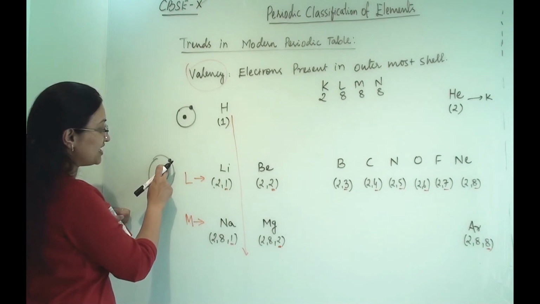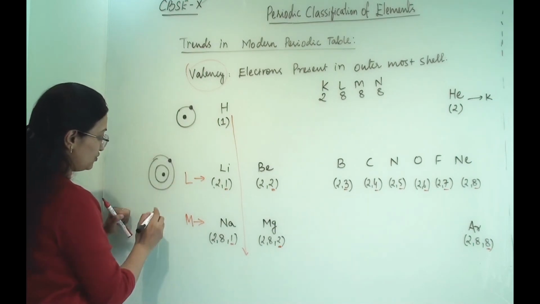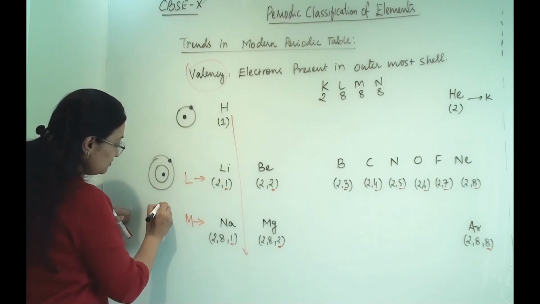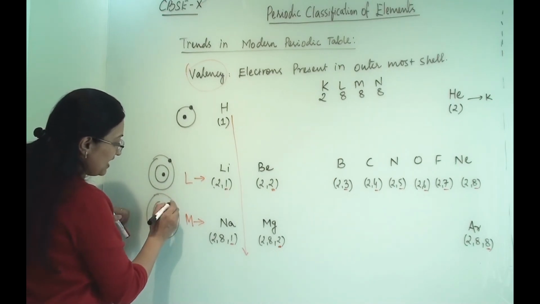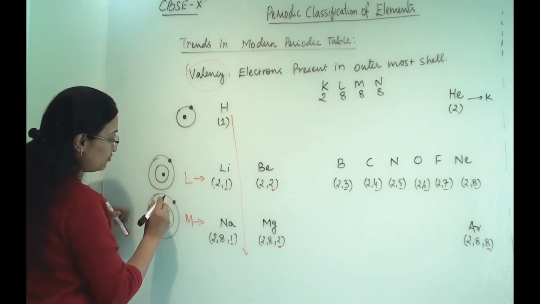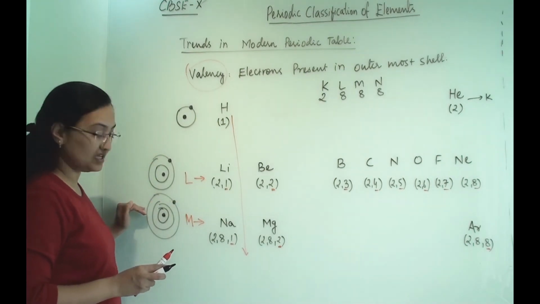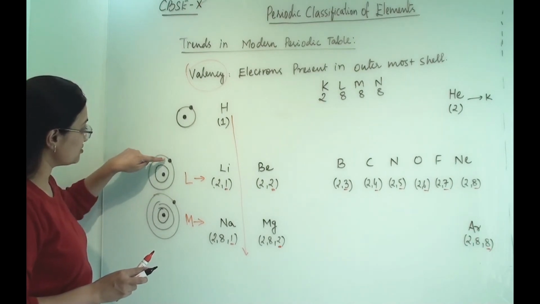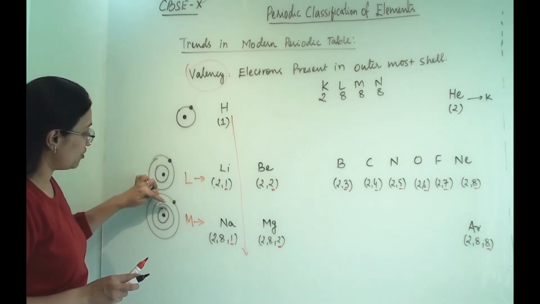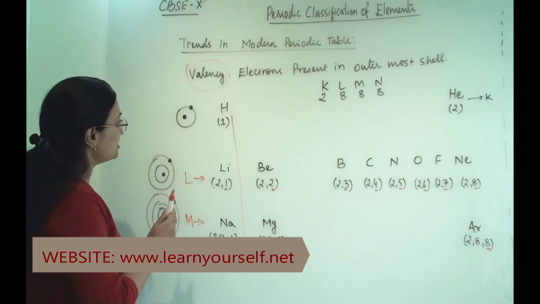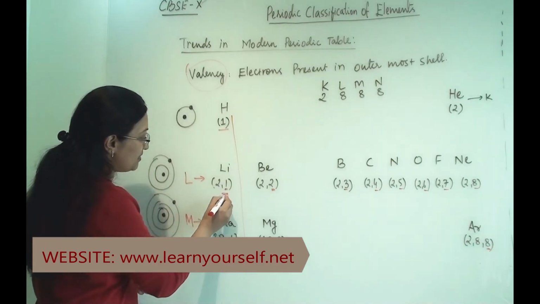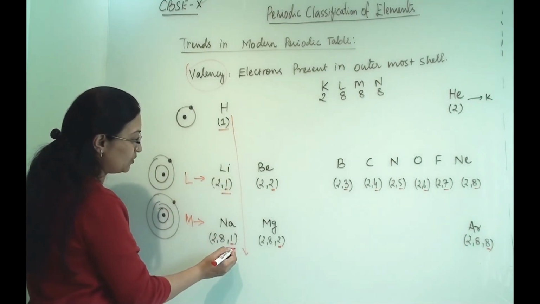In the valence shell there is only 1 electron. Here 3 orbitals will be there, K, L, M, and in the M shell 1 electron is there. So 1 orbital is being added here, and in the last shell 1 electron is there. So here the valence electrons will remain the same: 1, 1 and 1.